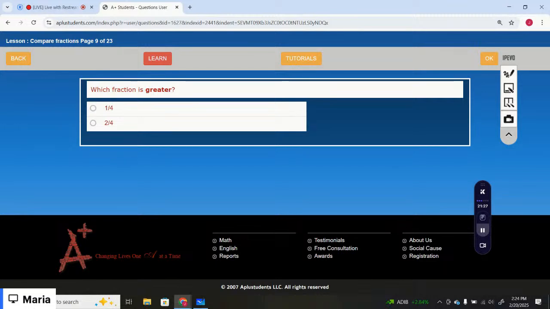What fraction is greater? The greater fraction is 1 by 4 or 2 by 4?